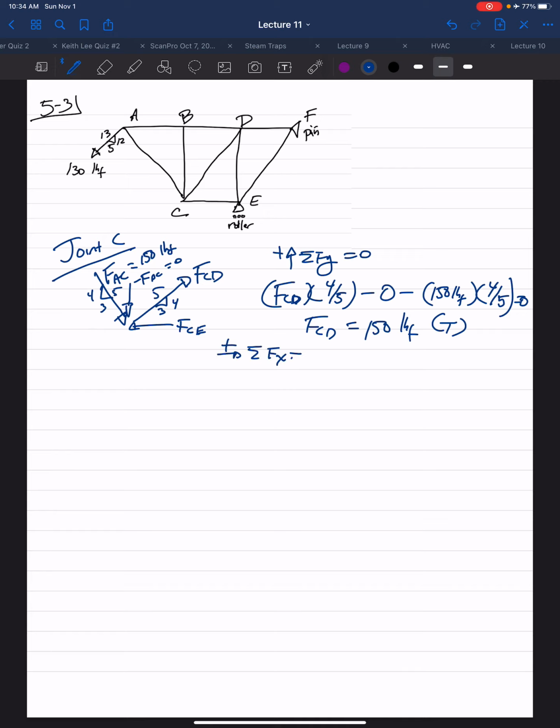Taking the sum of the forces in the x direction, we now know FCD, which is 150-pound force.